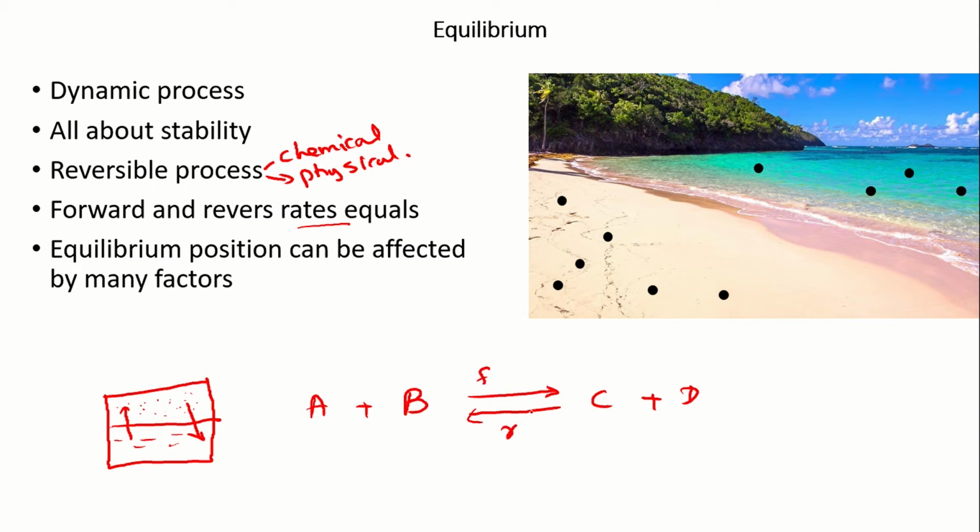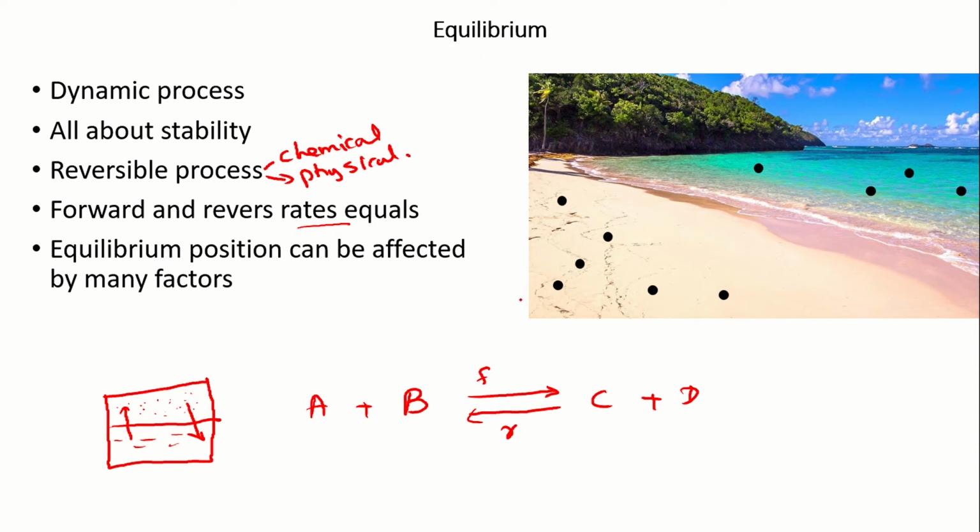When these forward and reverse rates are equal, we can call this chemical system is at equilibrium. So does that mean that you have the same concentrations of reactants and products? No, it doesn't say anything about the quantities. What we focus on is the rates of the two processes. Whenever they are equal, we get equilibrium.